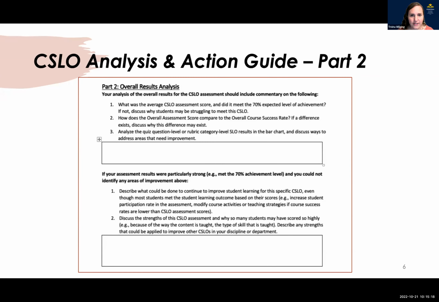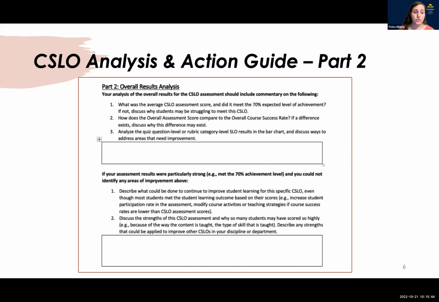We know it's not perfect, and that SLO work really is exploratory in nature because, and I think I've said this previously, if we all knew exactly what to do to improve student learning, we would have done it already. But sometimes looking at these results of assessment gives us some insights. Those insights lead us to taking particular action to improve student learning.